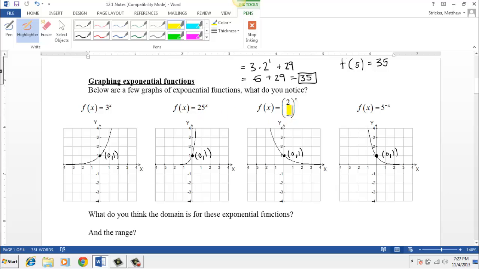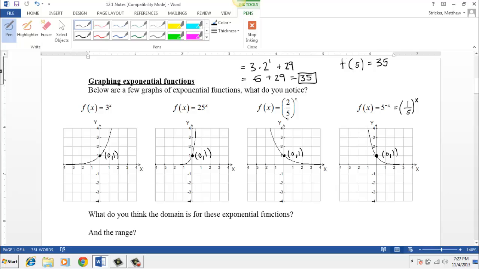Here we have a fraction base. And in the last one, we really have a fraction base too, because if you recall, when we turn something into a positive exponent, we move it to the denominator. So I could really say that this is the same as 1/5 to the positive x. So it's a fractional base as well, and that's why it is decreasing like the third example.